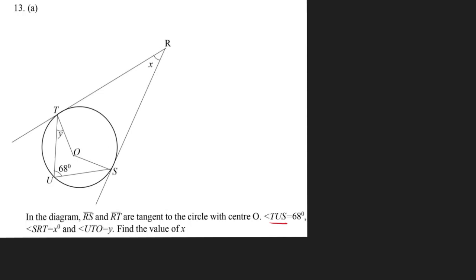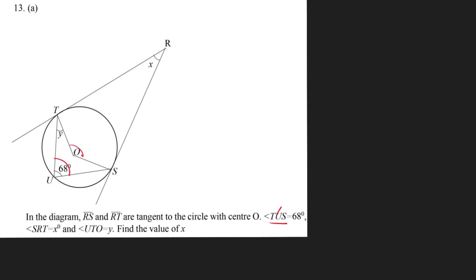Like this one here, the angle is at U, and for SRT, the angle is at R. And angle UTO is equal to Y. Find the value of X. Our problem is to find the value of X. Of course, we're going to use the cyclic theorem. So the first thing to do is to look at this. Can you see this? This is 68 and this is the center.